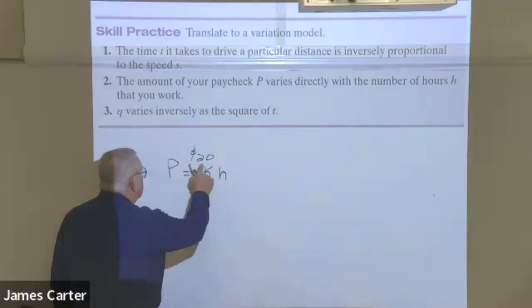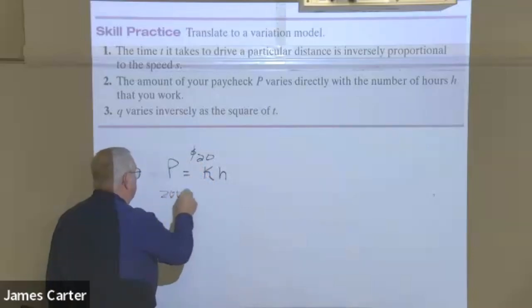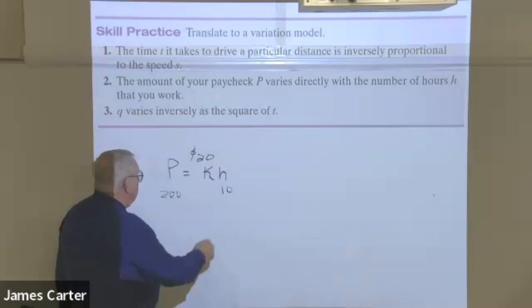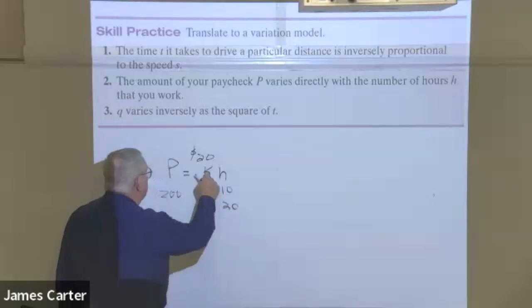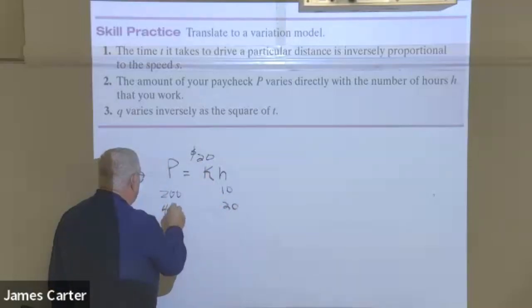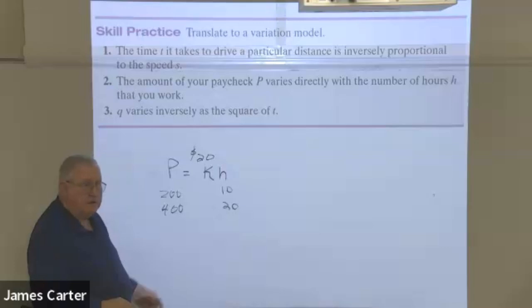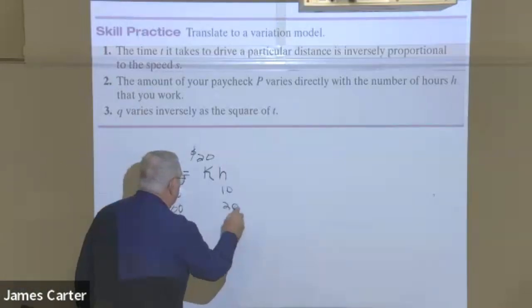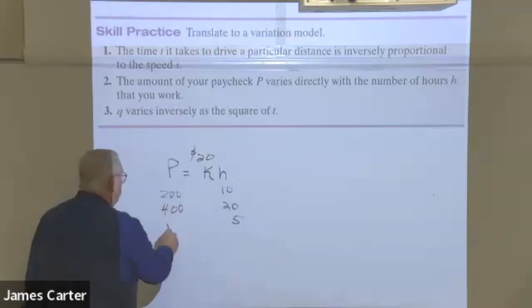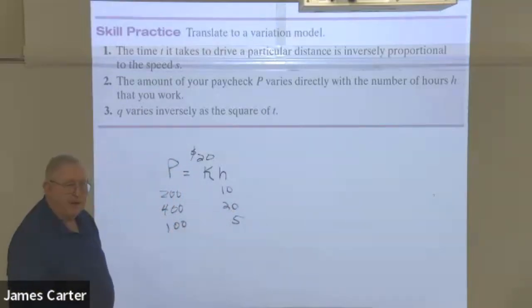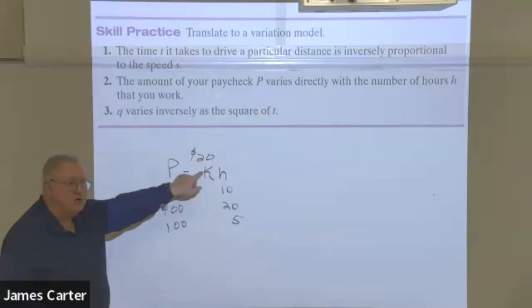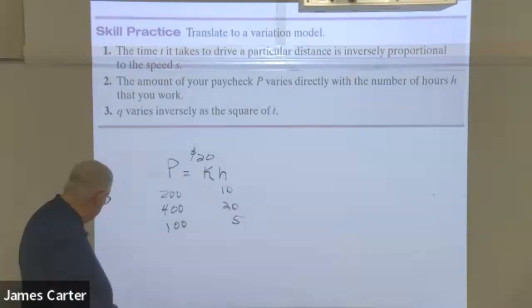You work 10 hours times $20 an hour, you get 200. Okay? You work 20 hours times $20 an hour, you get 400. This is a direct variation. You take off some time and only work 5 hours, you only get $100 of pay. So your pay goes up depending on how many hours you're working, assuming your hourly rate is constant.